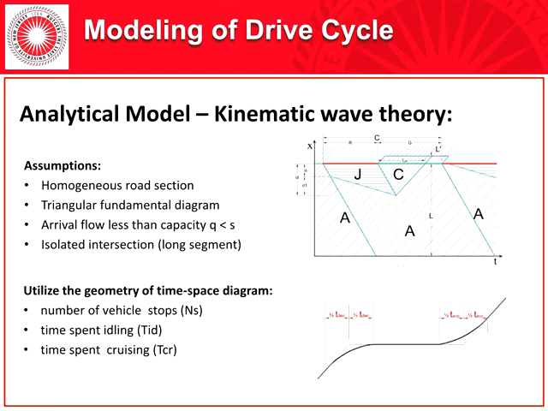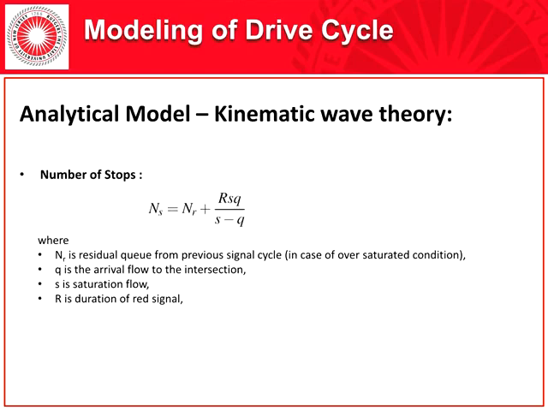Then, utilizing the geometry of the time-space diagram, the intersection capacity from the fundamental diagram, and the information of signal timing, we can estimate the number of vehicle stops as NS, time spent idling as TID, and time spent in cruising state as TCR.